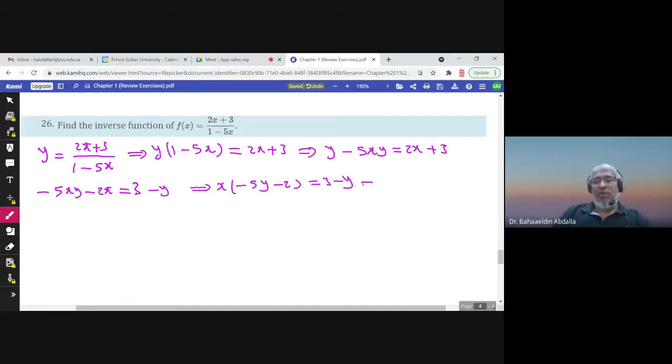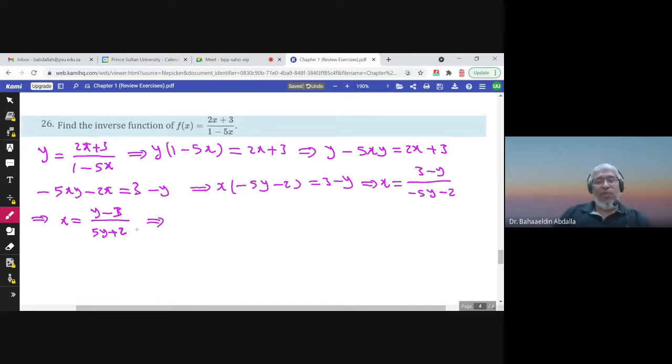And now you simply divide both sides by negative 5y minus 2. Notice that this also can be written as negative 3 plus y, or y minus 3 over 5y plus 2, if you multiply numerator and denominator by negative 1.